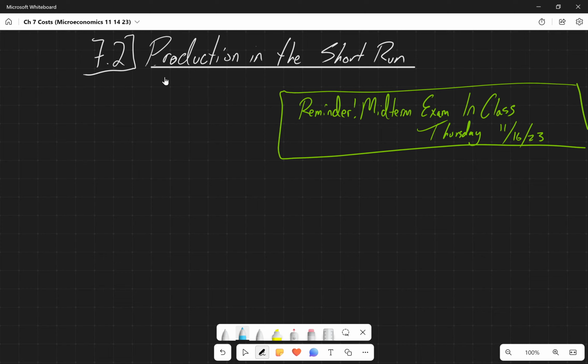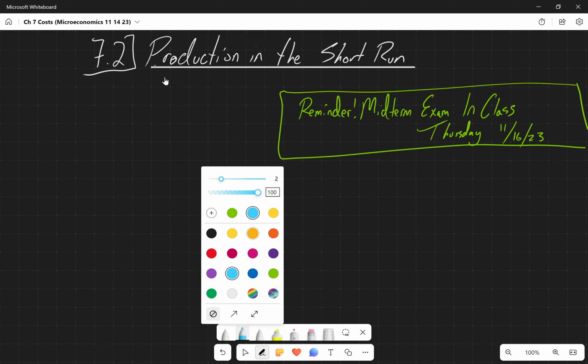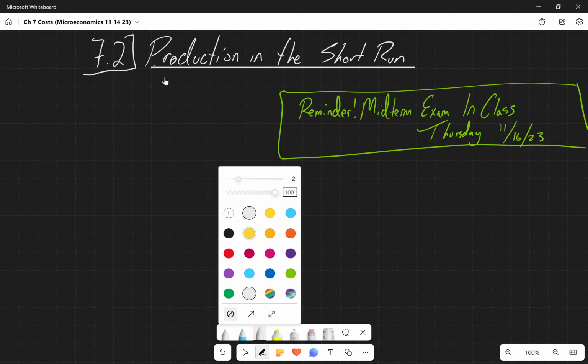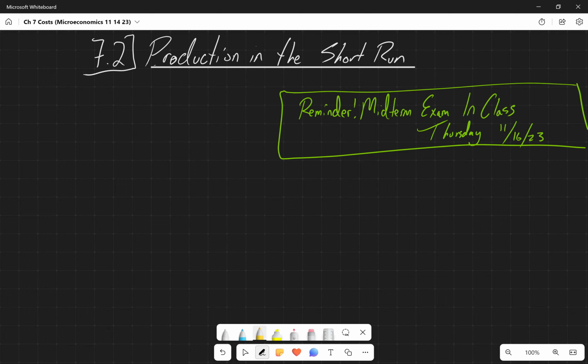And specifically, to talk about the short and the long run, we have to separate our production factors. And so we have these things called factors of production. Why and how are things actually made?